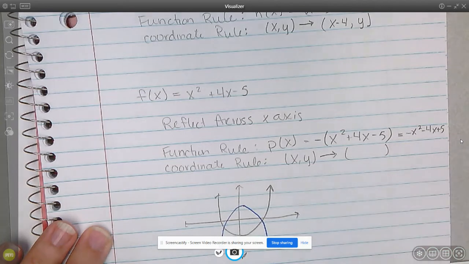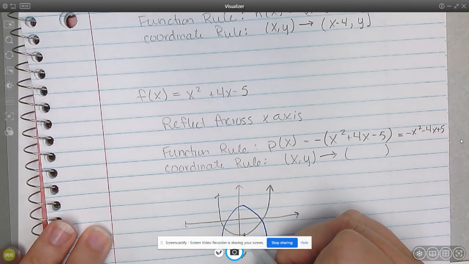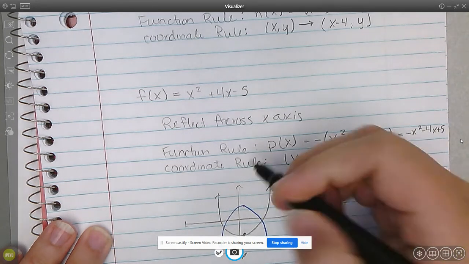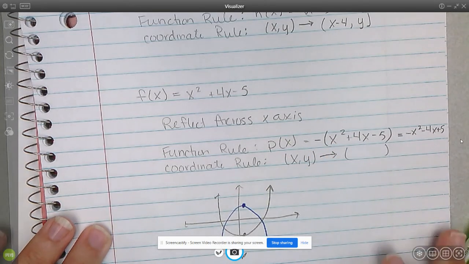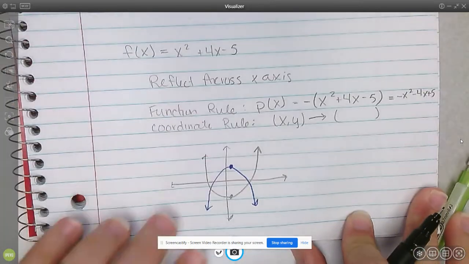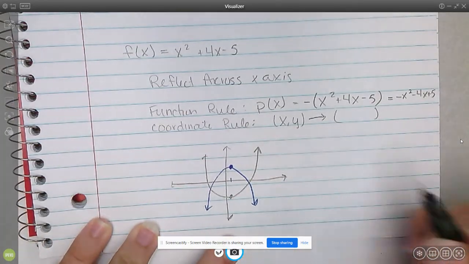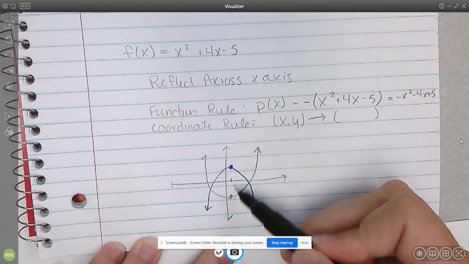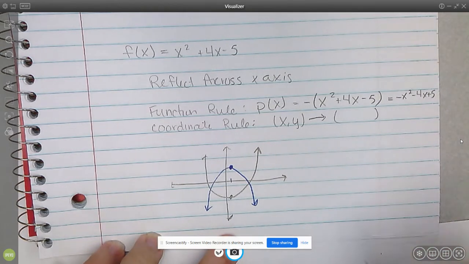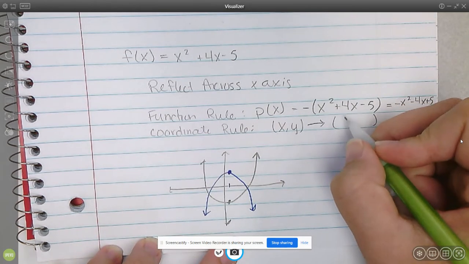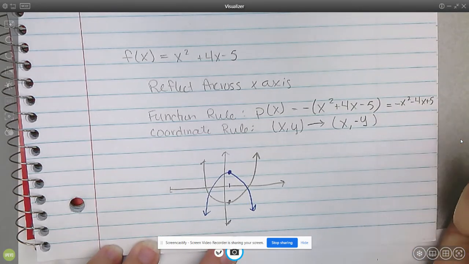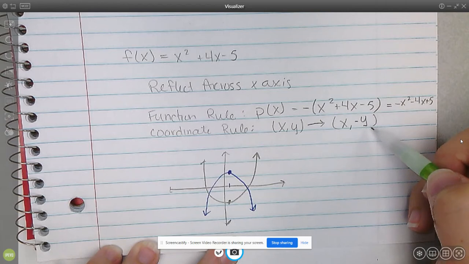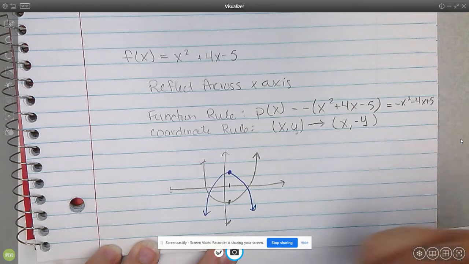Let's look at our minimum. Our minimum on the original was here, and now it's here. So which coordinate actually changed? Is it your x or your y? Well, let's just pretend that's at 1. The x stayed the same and the y changed. So your coordinate rule will be x, comma, opposite of y. I don't like to say negative y because it's not always negative. It's just the opposite of what y actually was.